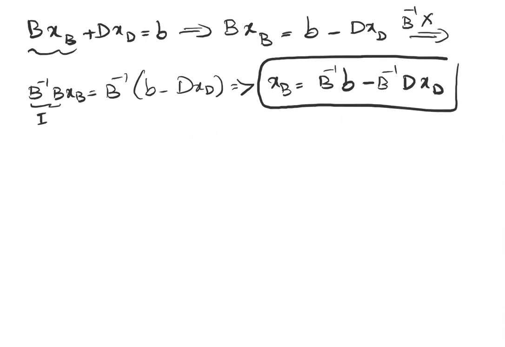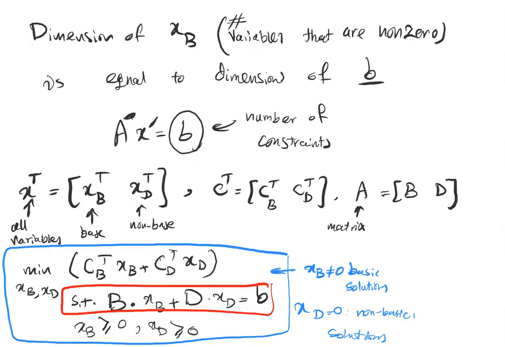All right, so keep this in mind. Let's go back to the previous slide. Here, what was the objective function? C_B transpose X_B plus C_D transpose X_D.